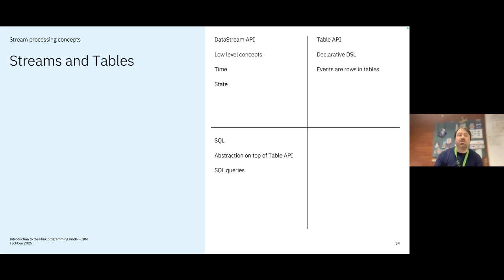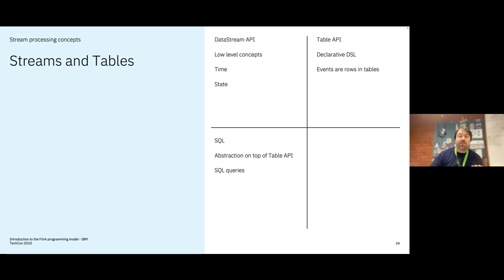Think of an Excel spreadsheet or a database table that's constantly growing. But the Table API lets you reason about it in ways that are more familiar with data processing, with batch processing. And so you can then start to run things like select commands or filtering, etc., using a much more declarative language.